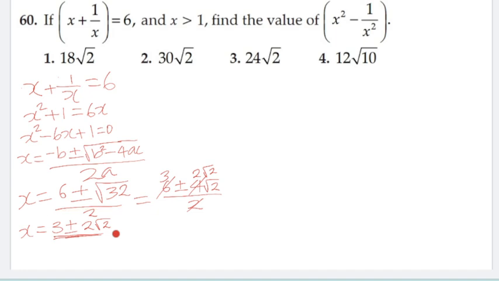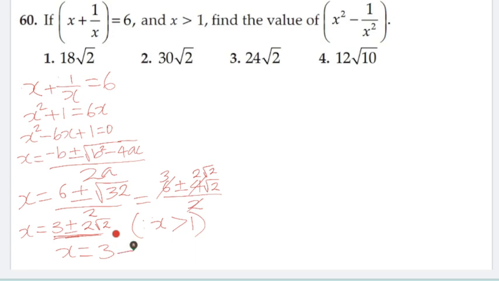So since x is greater than 1, we can write the value of x as equal to 3 plus 2 root 2. Why? If we take 3 minus 2 root 2, it will be less than 1.